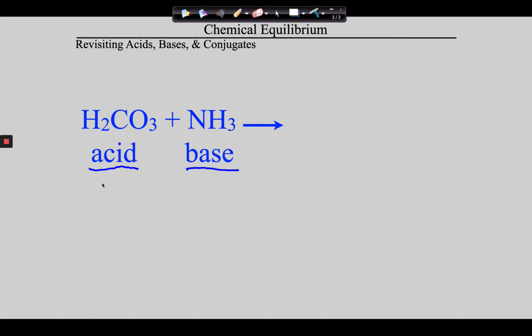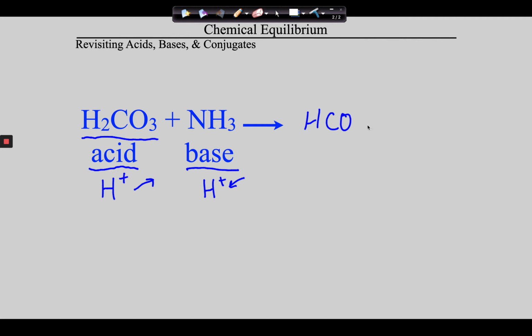And if we remember by definition, acids give away protons, hydrogen ions, and bases take in protons, hydrogen ions. So based on that idea, in order to figure out what our products are, we'll go to our acid, which is H2CO3, and we'll simply remove a hydrogen.